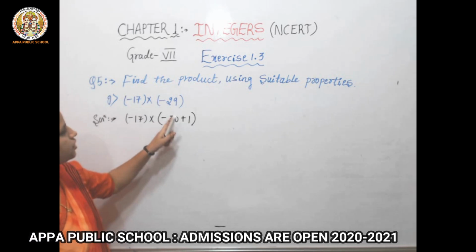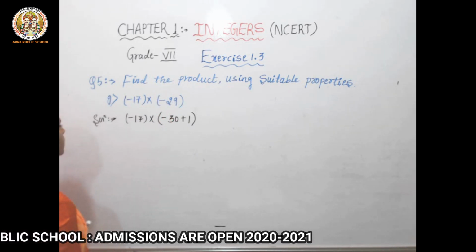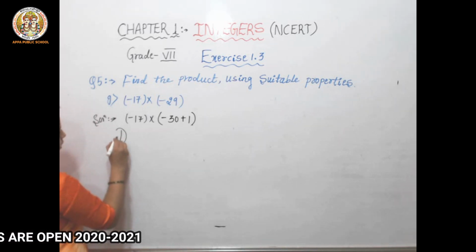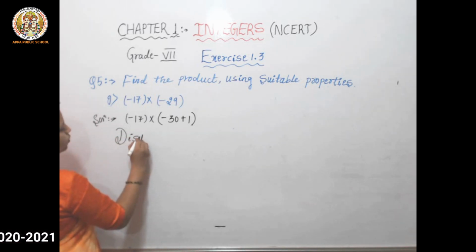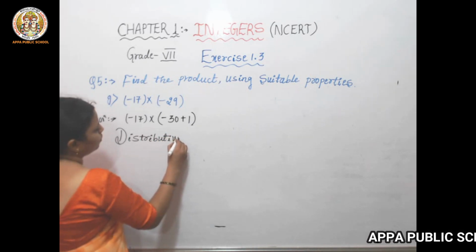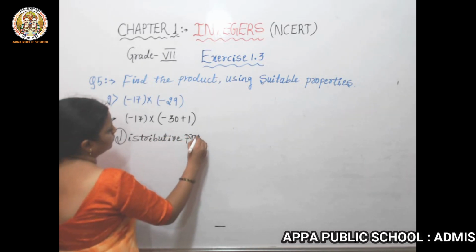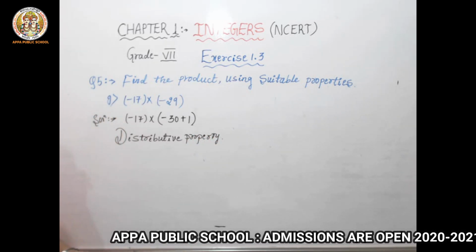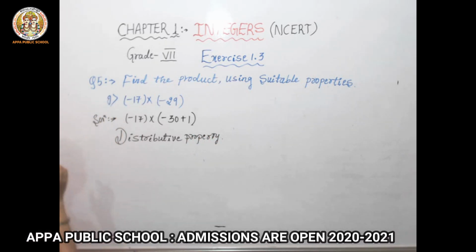So one is with the negative and the other with the positive. We will do the subtraction as minus 29. So again here it is in the form A into B plus C. Which property is it once again? Distributive property. Okay. Now how will you use the distributive property?